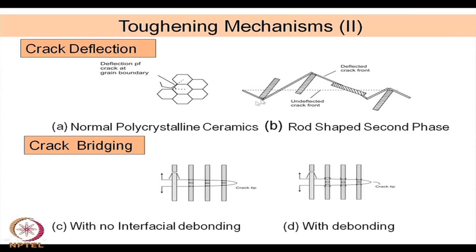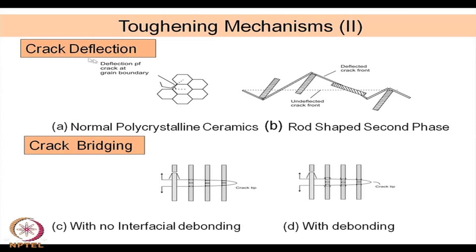In both cases the crack has to go through a circuitous route, because it cannot go directly in a straight line. Therefore, this is a restriction on the path of crack growth, and you can also have a higher strength compared to a material which does not have this kind of second phase dispersion.